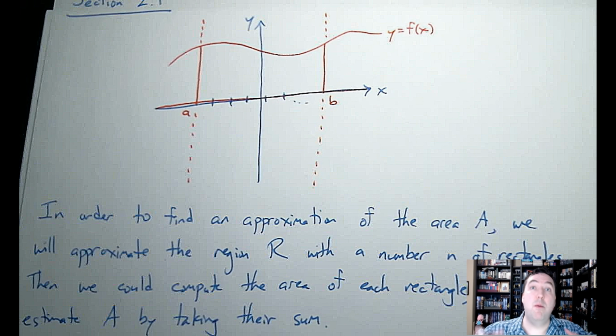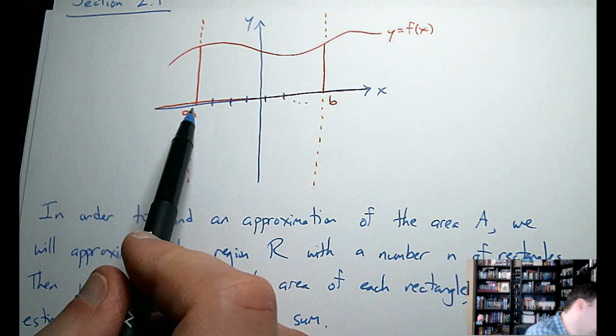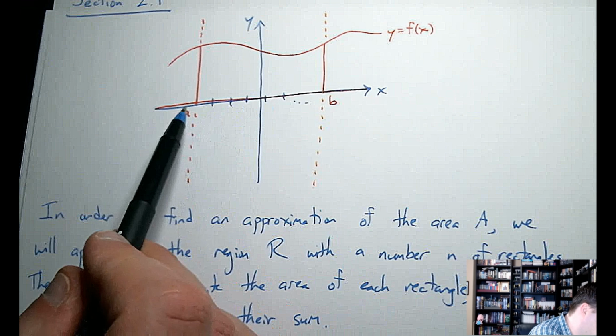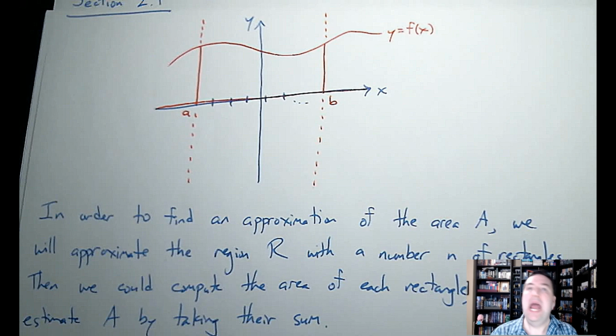So effectively what we're doing is we're taking that interval along the x-axis where our region is defined, the interval from a to b, and splitting up that interval into a whole bunch of small intervals, or what we call subintervals.